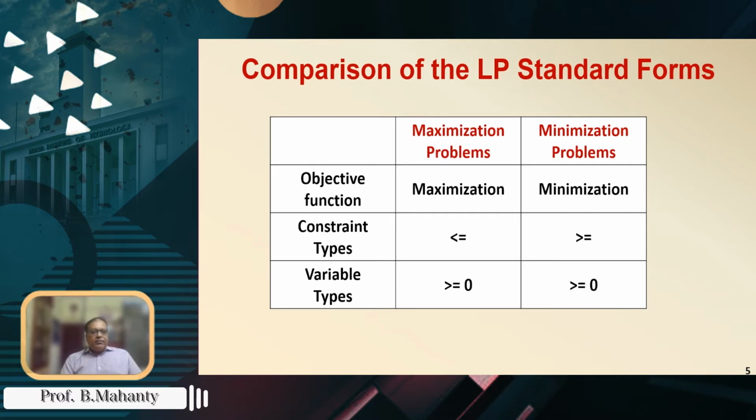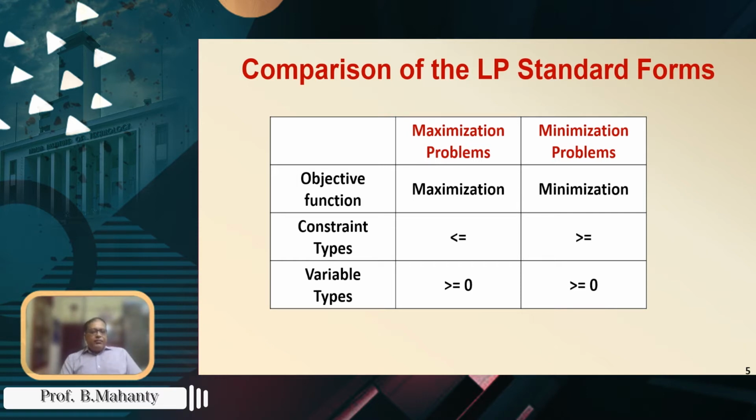Then the constraint type. For the maximization problem, the standard form is less than or equal to, right? And for the minimization problem, the standard form is greater than or equal to. This must be remembered very much: the maximization standard form is less than or equal to and the minimization standard form is greater than or equal to.